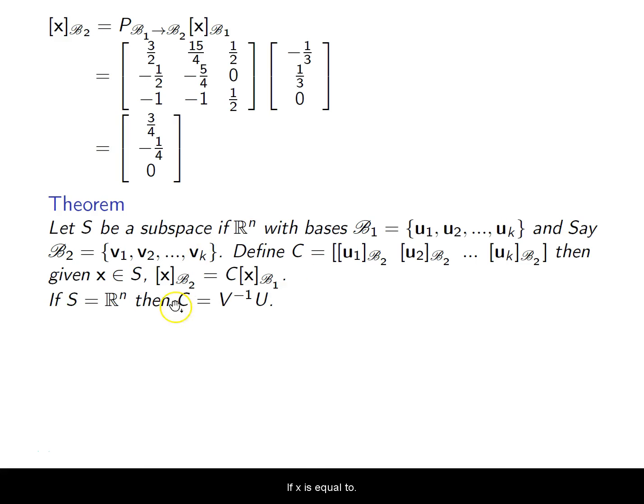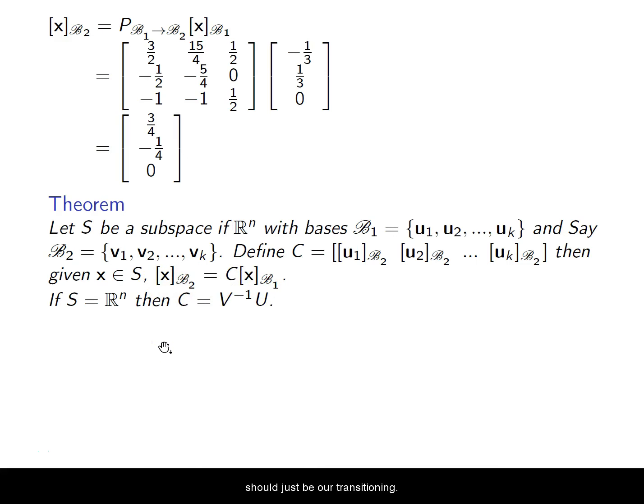If S is equal to Rn, then this C matrix is just a transition matrix, our V inverse times U. It's our transition matrix from B1 into B2, because that's what's going on here. I'm taking my representation in B1, multiplying it times some matrix that's all represented in B2, and I get out my vector representation in terms of B2. So this C should just be our transition matrix.